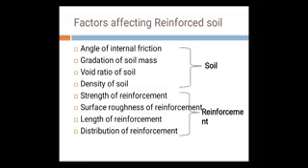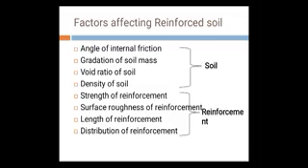Now from the reinforcement point of view, the tensile strength of the reinforcement will definitely affect it. Surface roughness of the reinforcement: if the reinforcement is more rough, then the friction will be more and the resistance will be more. If the surface is more slippery, the resistance will be smaller.